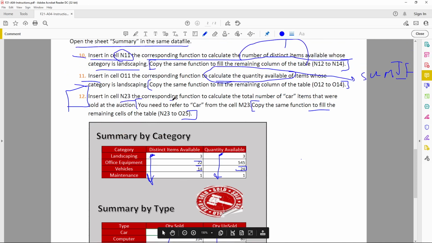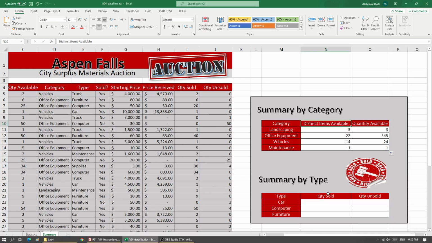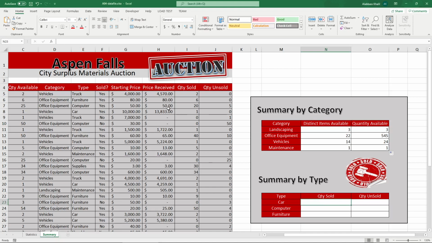But insert in cell 23 the function to calculate the total number of car items that were sold at the auction. Total number of cars that were sold. So in this case, I don't need to check if a car was sold. So unlike before, when it turned out I did need to check here if the car was sold. Here, since they want the quantity sold and unsold, I can simply sum this.